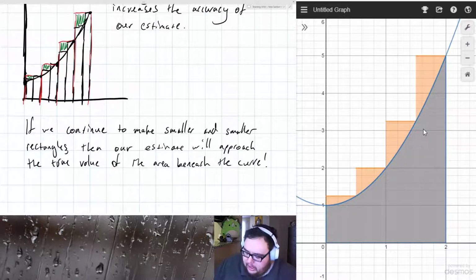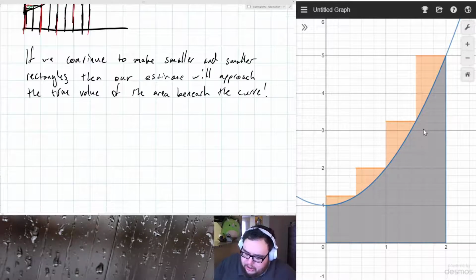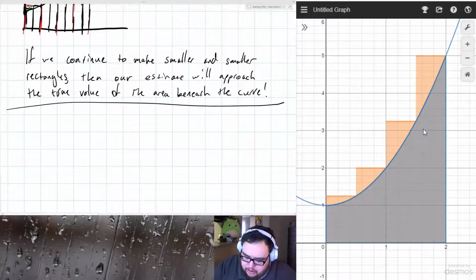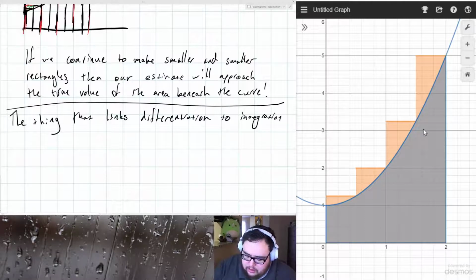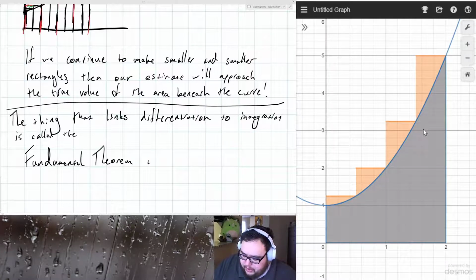And the thing that links those two questions, the thing that links differentiation to integration, is called the fundamental theorem of calculus.